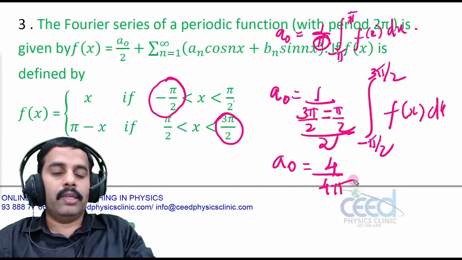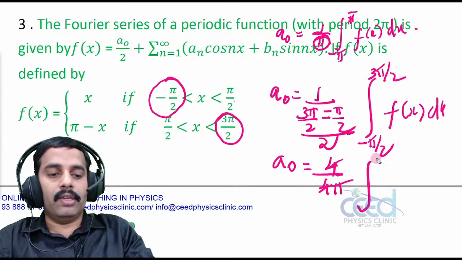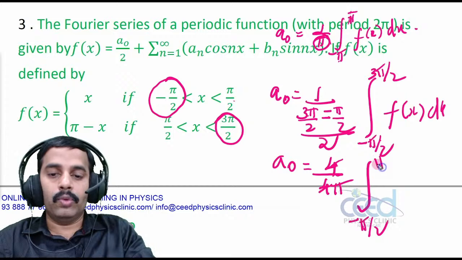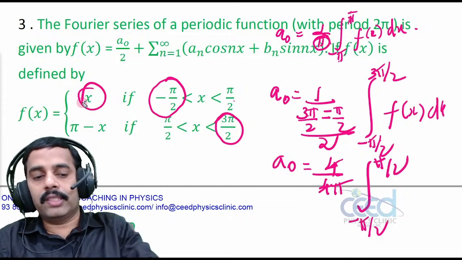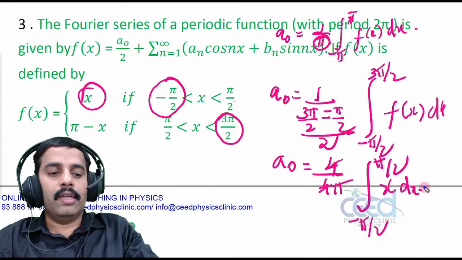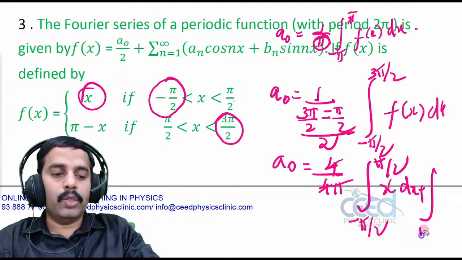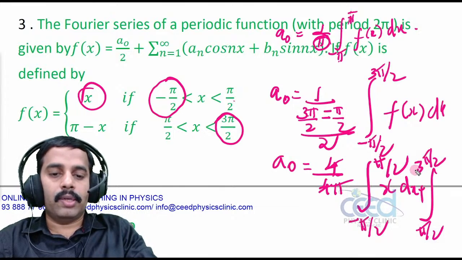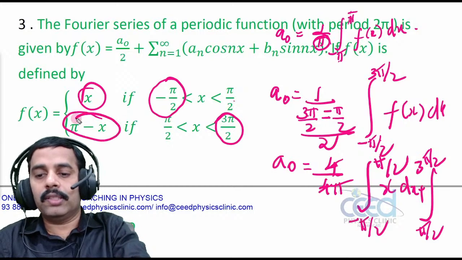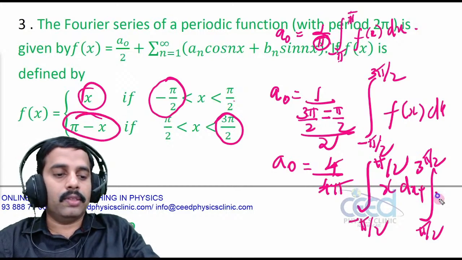Okay, so 4 cancels, and in this interval we can split the integral into minus pi by 2 to pi by 2, where the function is x dx, plus the integral from pi by 2 to 3 pi by 2, where the function is pi minus x dx.